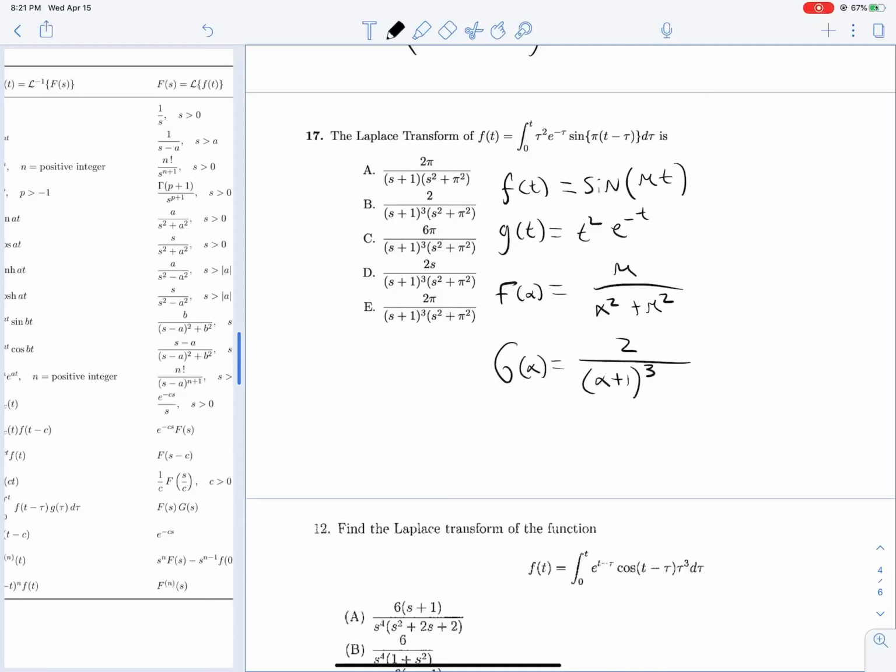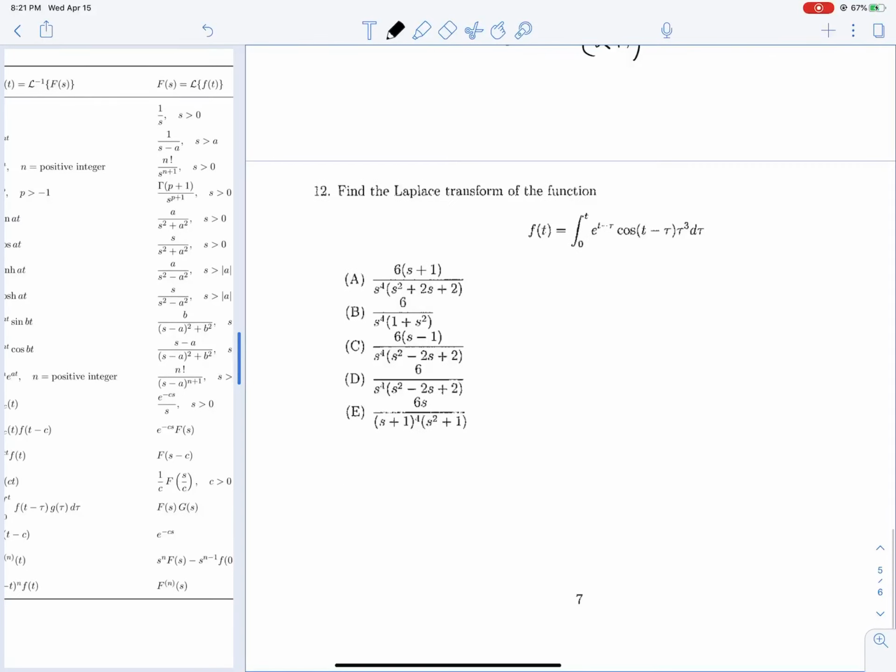So that's to the third power. And now we're just taking the product of these, and I'm just going to choose the answer that works. We have 2 pi on top, and then all this extra stuff on the bottom.